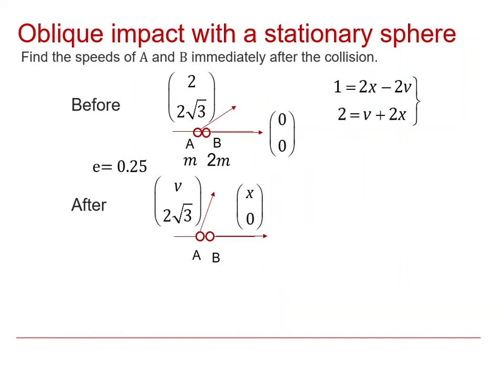So there we are, those are two equations. So now we can see that we can solve them. The simplest way to solve is to subtract the first one from the second. So that will give us 1 is equal to 3v. So v is equal to 1/3.